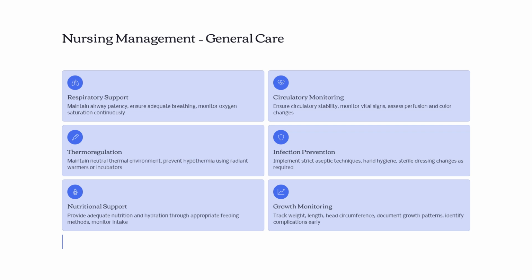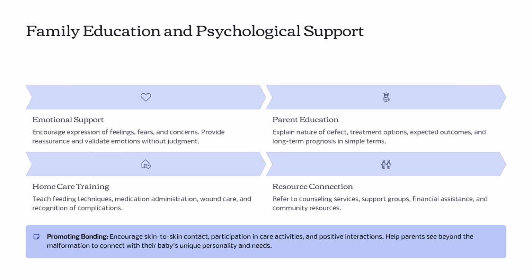Under growth monitoring, weight, length, and head circumference should always be tracked properly by comparing the previous day and the present day. Documentation of growth patterns is also very important. It can help to identify early complications, and we can identify whether the growth pattern is happening properly or whether any abnormal things are found.